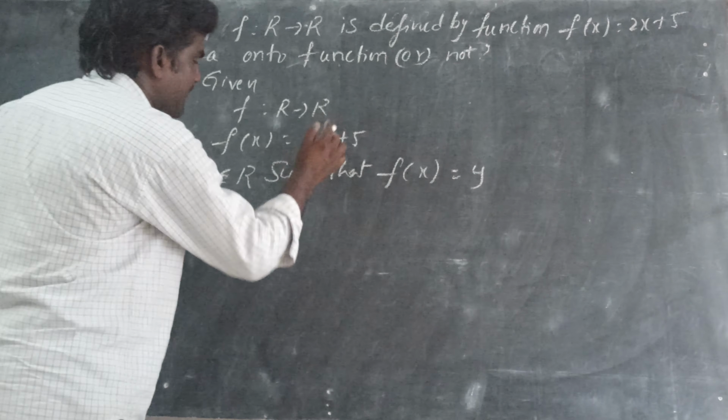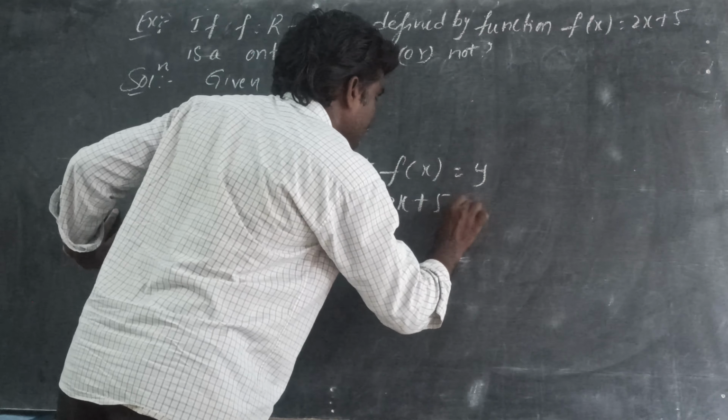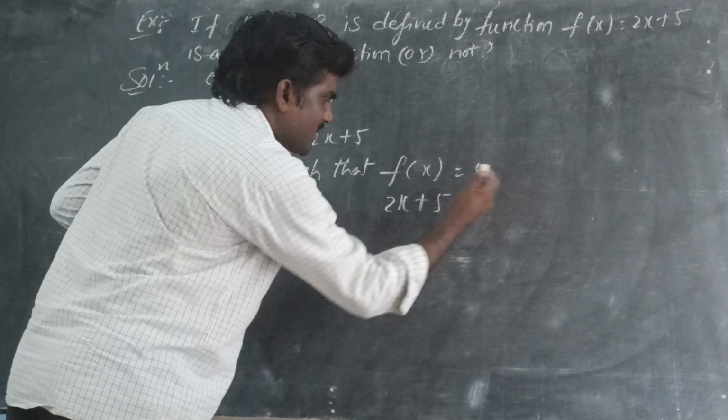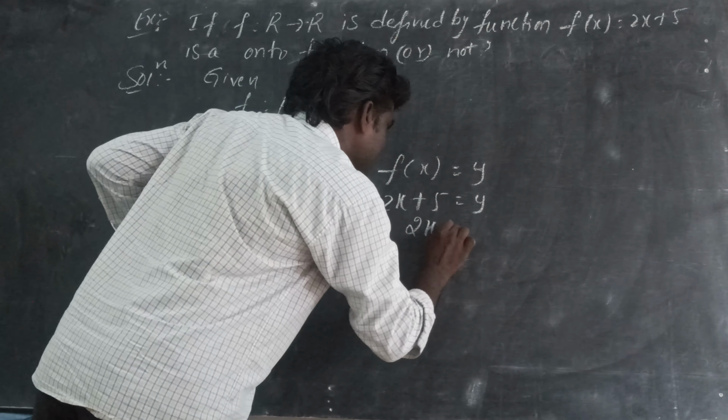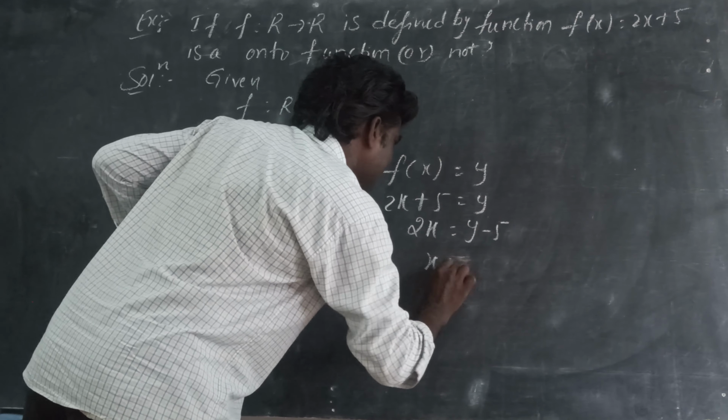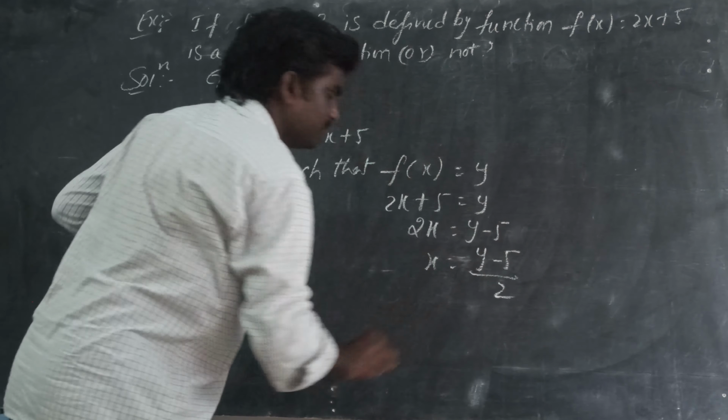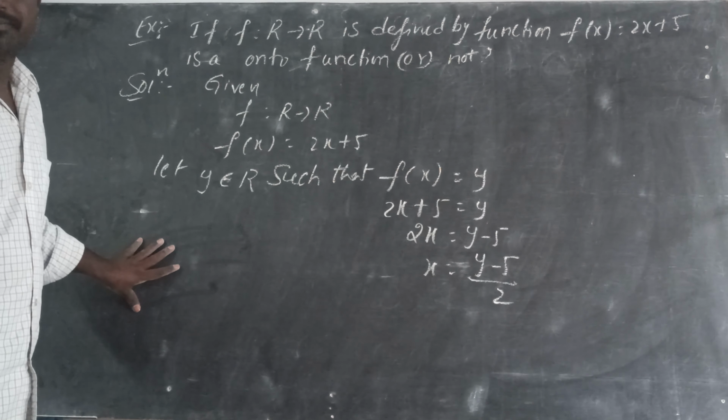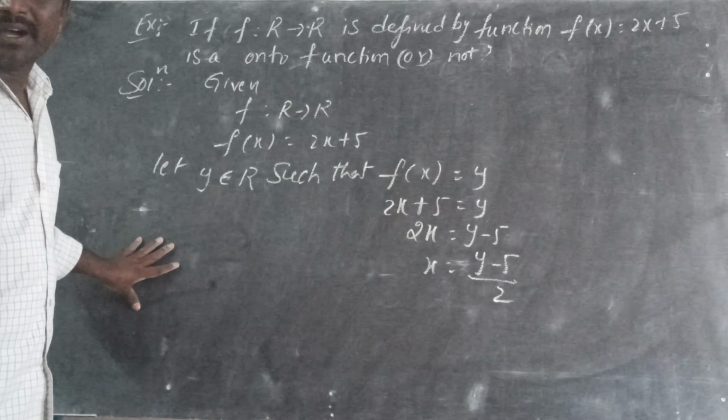Here, f of x is 2x plus 5, which is equal to y. Plus 5 goes to the other side as minus. 2x is equal to y minus 5. x is equal to y minus 5 by 2.